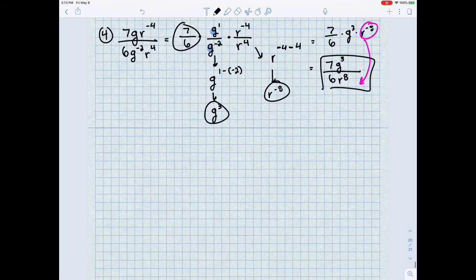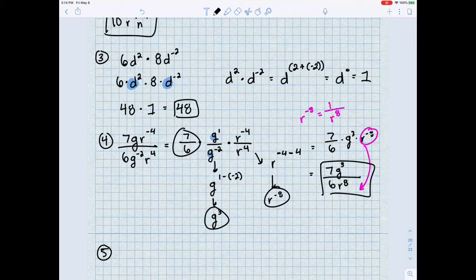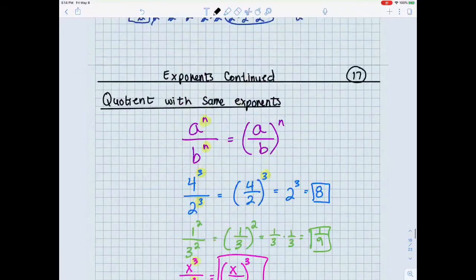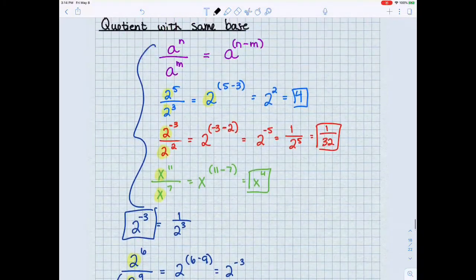Let's try another one. Now, the reason why they look intimidating is mainly because it's a bunch of exponent problems packed into one, right? You're probably looking at the examples that I did, and you're like, whoa, that looks nothing like what we did.